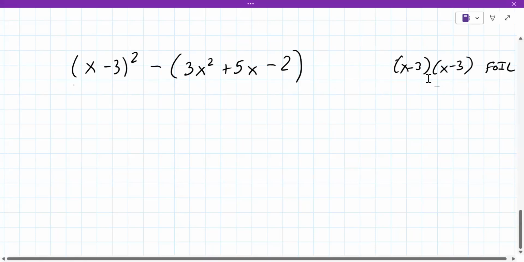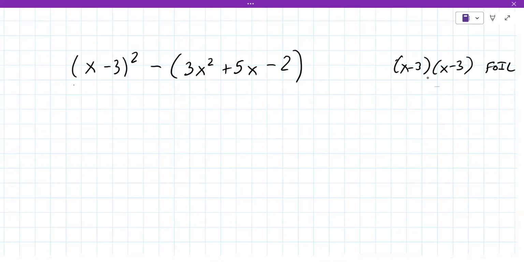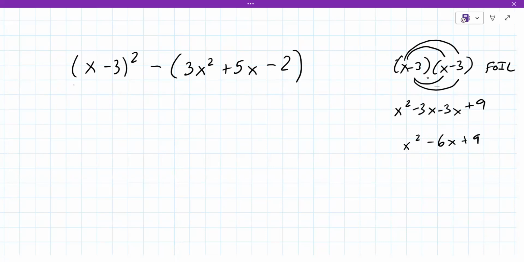I want to check that first. Is it x squared plus 9? Okay, FOIL means to multiply the first times the first. That's x squared. Then x times minus 3. That's minus 3x. You know this, but maybe you're just tired. Inner is minus 3 times x, minus 3x. Minus 3 times minus 3 is positive 9. So x squared minus 6x plus 9.